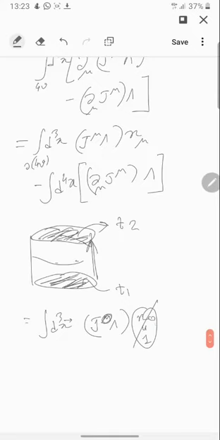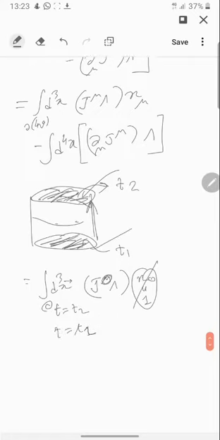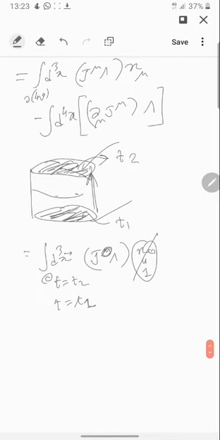So this is d3x j^0 lambda defined at t equal to t2, that is the upper disk, and t equal to t1, that is the lower disk. These are the two contributing terms, right? So these are basically all space points at the terminal time and at the initial time.